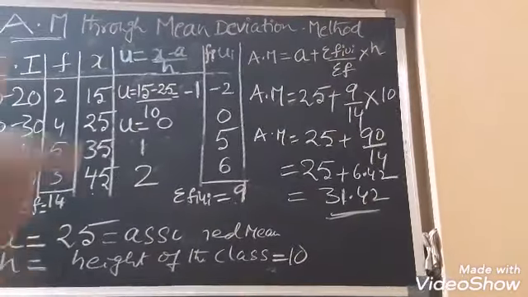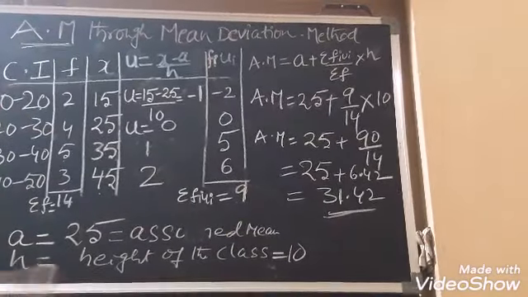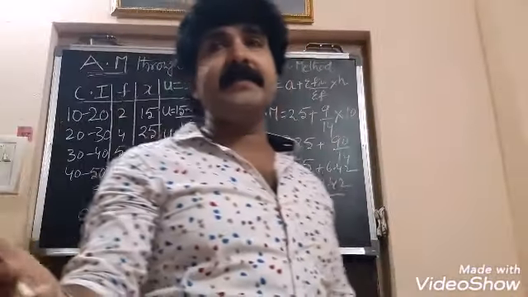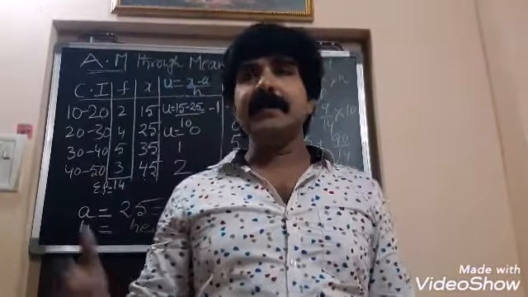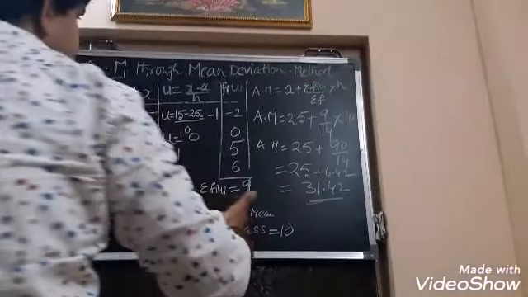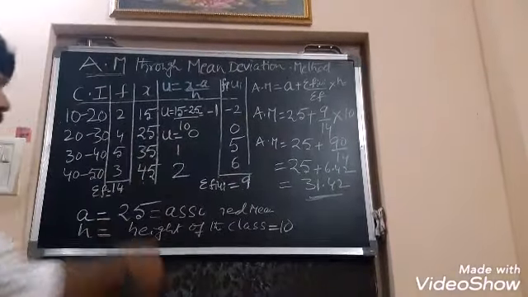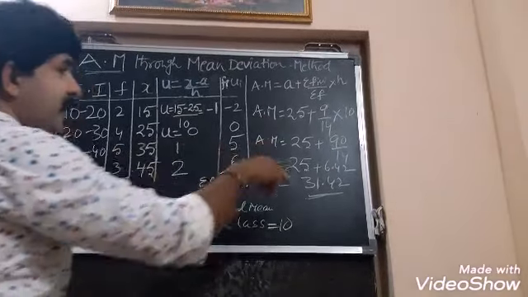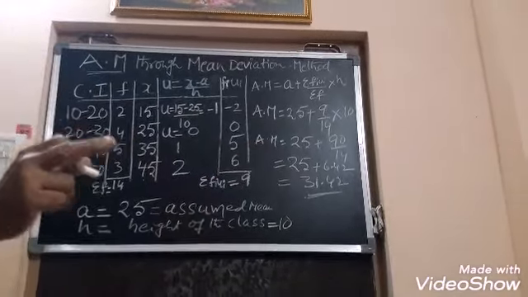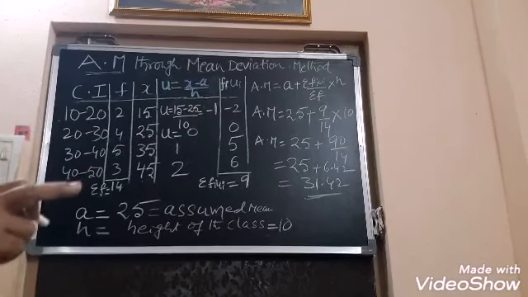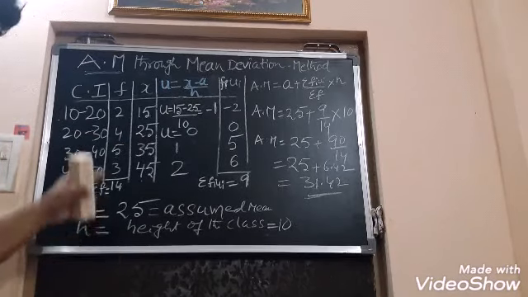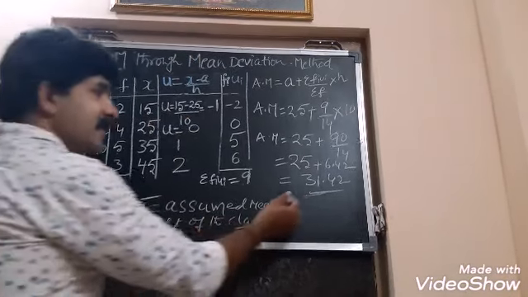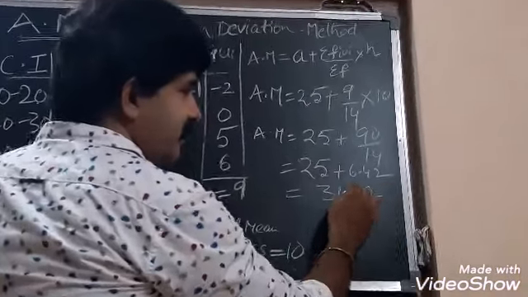My dear friends, just ruminate. In the previous method, the problem is one and the same. Class interval and frequency are one and the same. So, the arithmetic mean that we calculated from the assumed mean method, for the same problem we calculated from the mean deviation method, the answer remained one and the same.